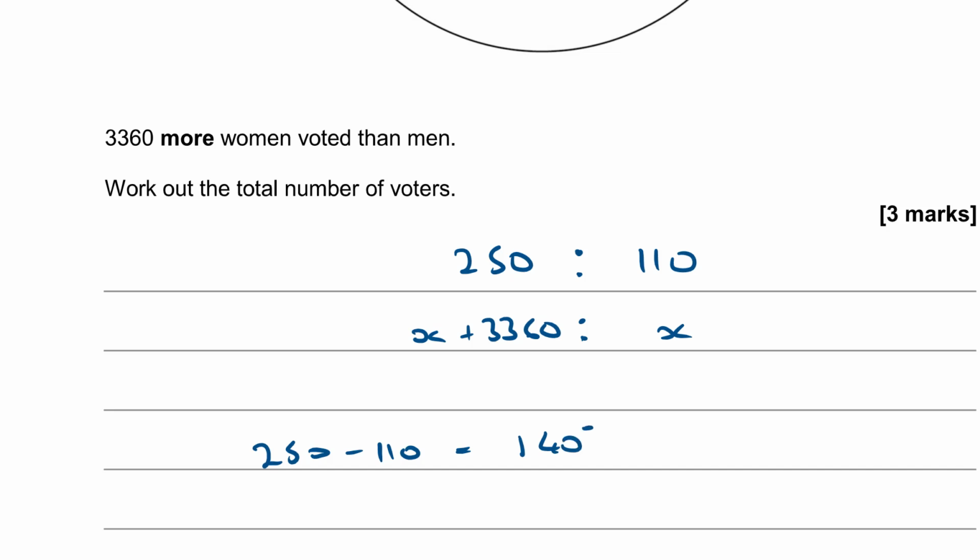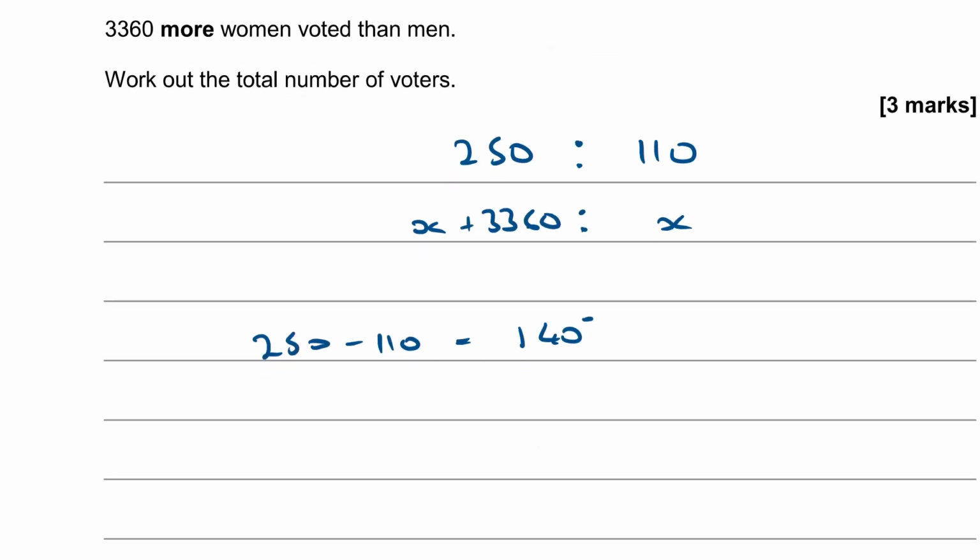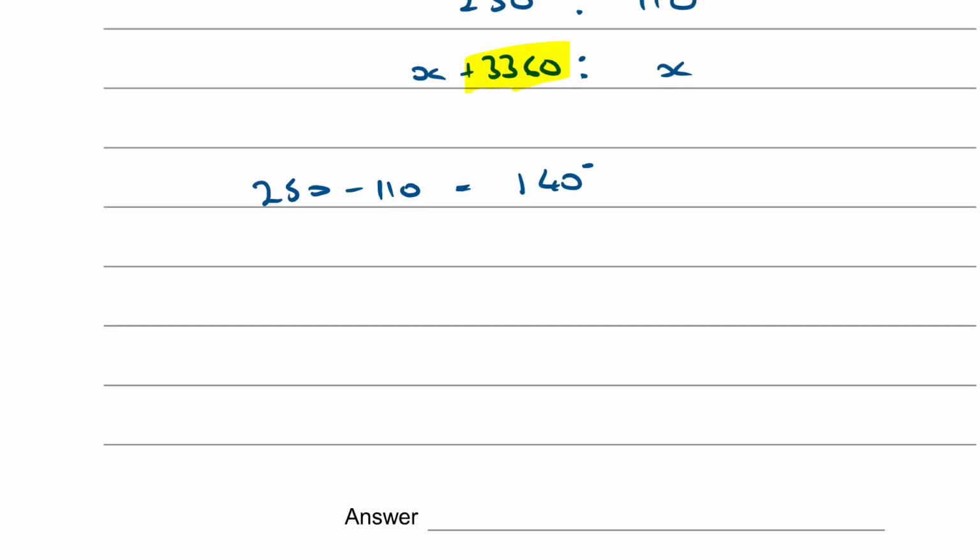And then I suppose that 140 degrees must be that extra 3,360 people. Okay, I think we might have got onto it now. So 140 degrees represents 3,360 people.